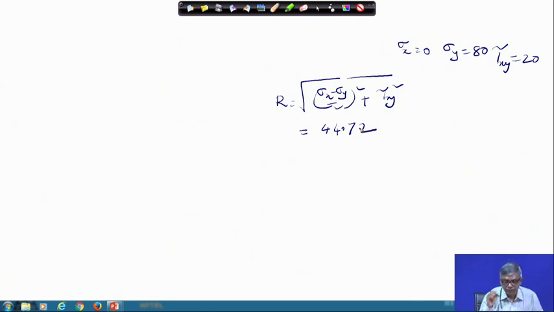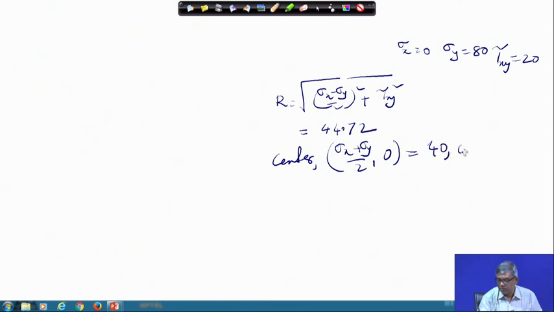and the center C will become (sigma x plus sigma y) by 2, comma 0, that means 80 by 2, that is 40 comma 0. So, this becomes the Mohr circle, and we have got a center and a radius.